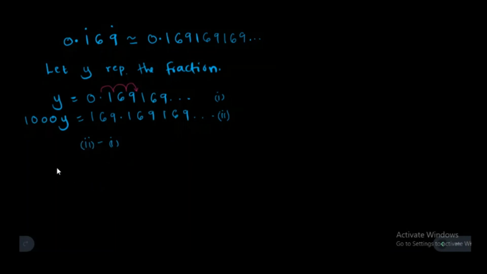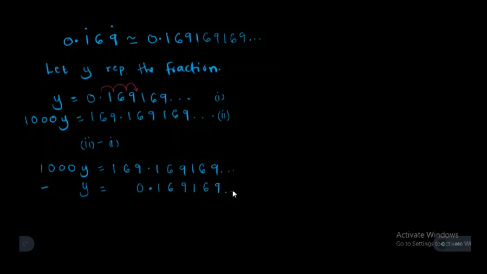Let me start with the bigger one. 1000y, which is 169.169 169 recurring, subtract the y, which is 0.169 recurring. So I'm aligning these numbers so that they are just below each other, starting from where the decimal place is going forward. So I'm going to put a line right there and then subtract these numbers.